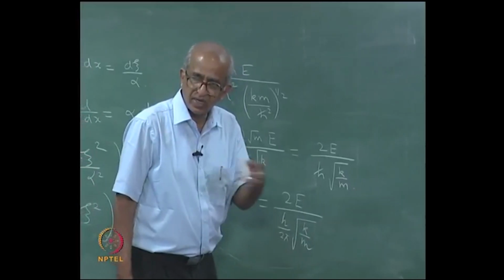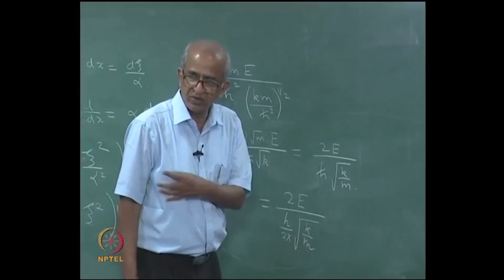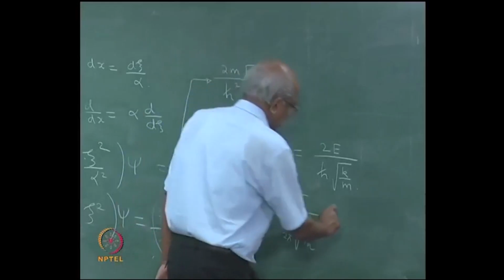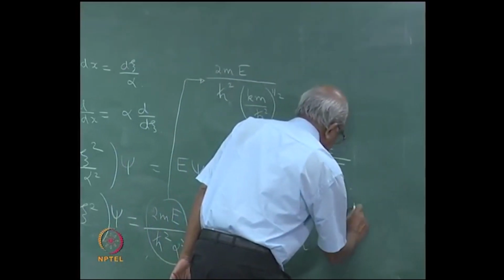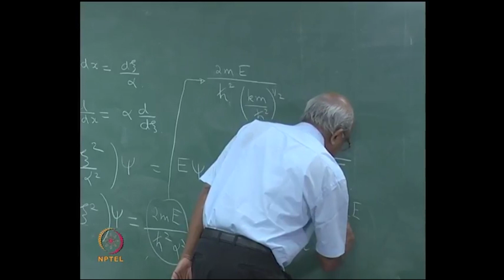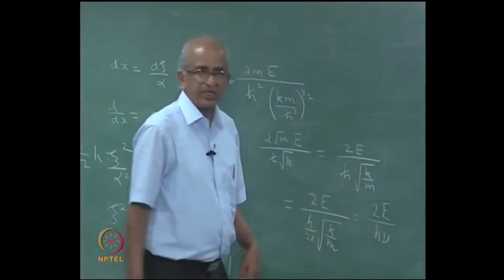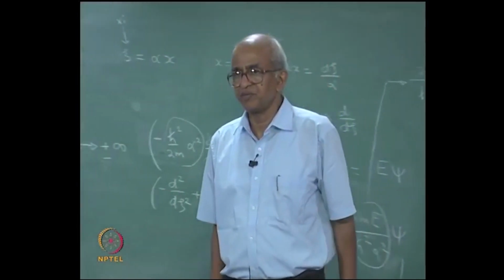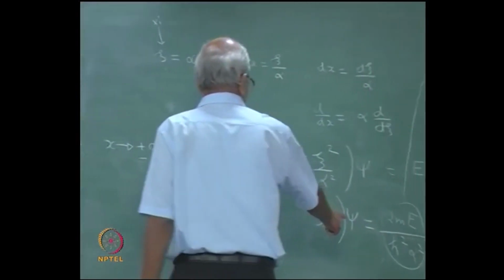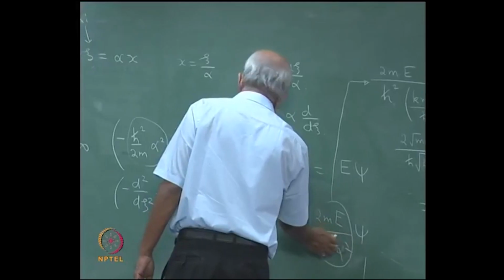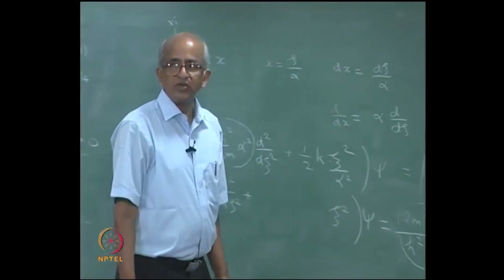That is nothing but your classical frequency of vibration of the harmonic oscillator, and hence you can say this is nothing but 2e. E is, remember, the energy of the particle, and this object that you have there is 2e by h nu. So, this constant that is occurring on the right hand side is just 2e by h nu.